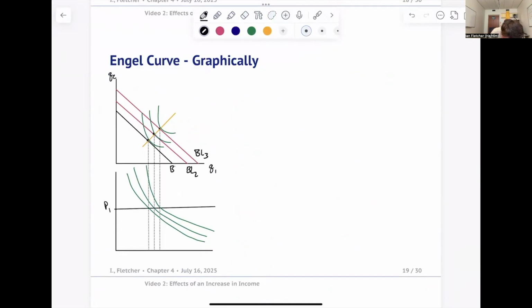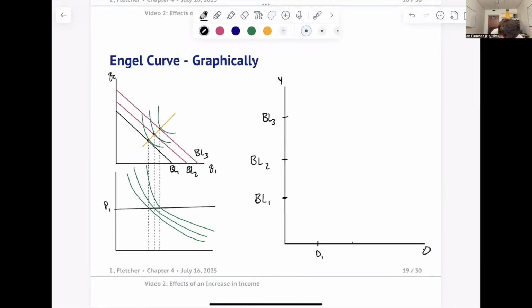This was budget line one. And so each of those should correspond to changes in income. And we'll call this D instead of Q1. So this should correspond to a change in budget line 3, budget line 2, budget line 1. And we said that this was D1, D2, D3.